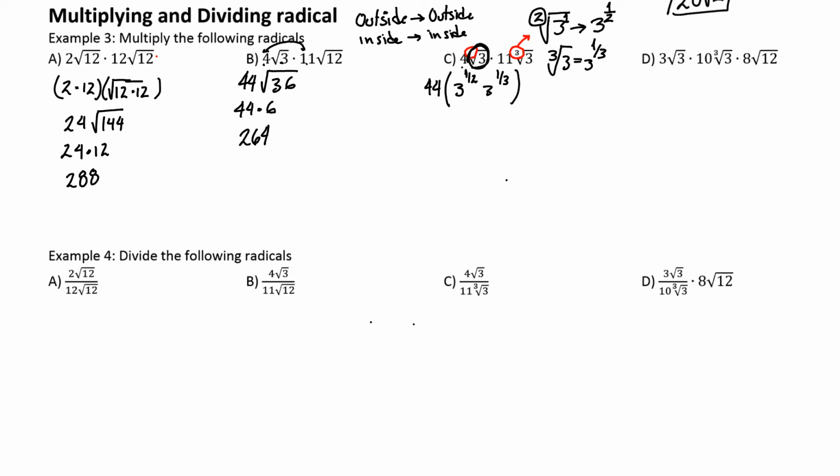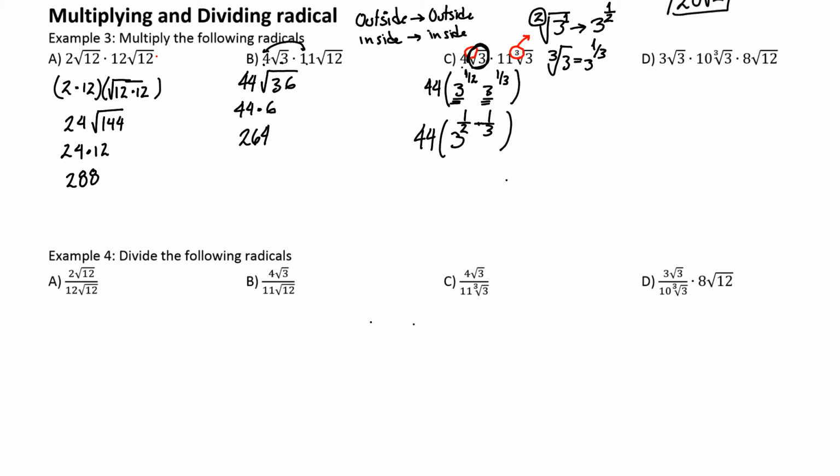Now, there's something called the power rule, okay, that says whenever you multiply two numbers with the same base, in this case the base is 3, you're going to add the exponents. That means that we're going to have 44 times 3 to the 1/2 plus 1/3.